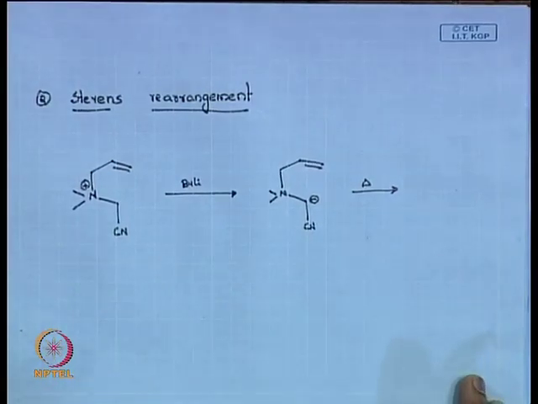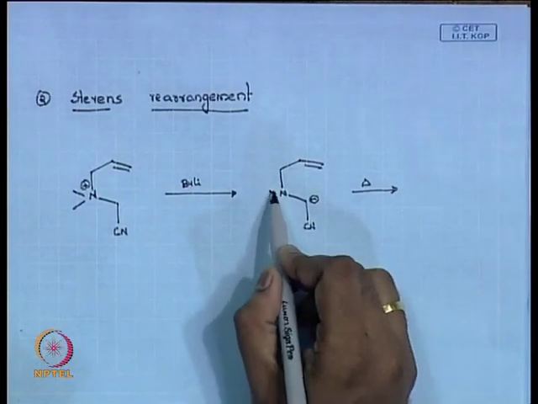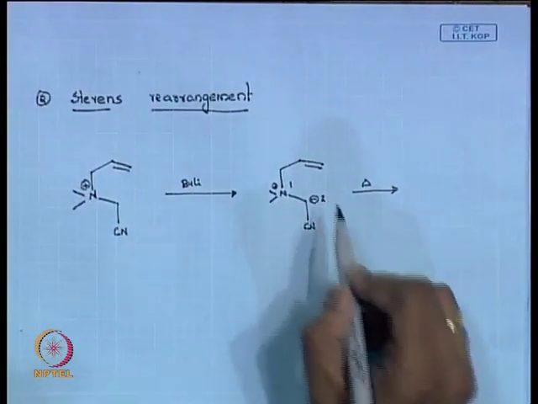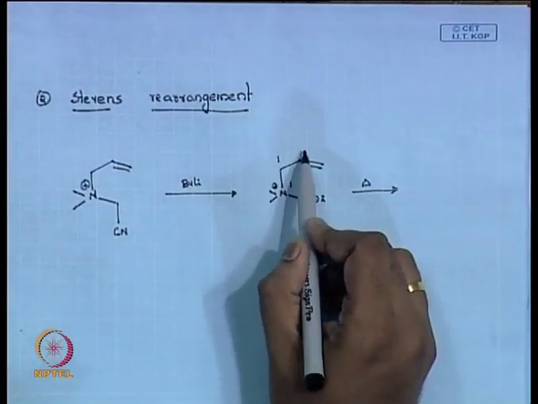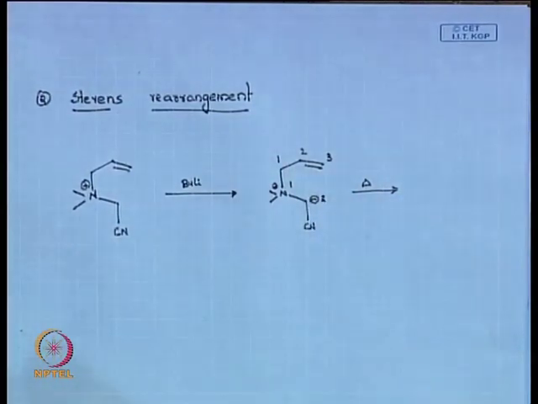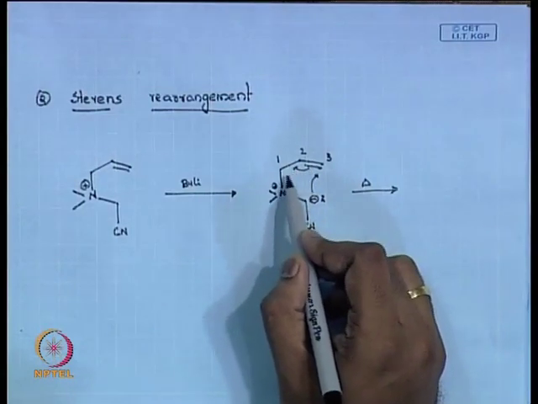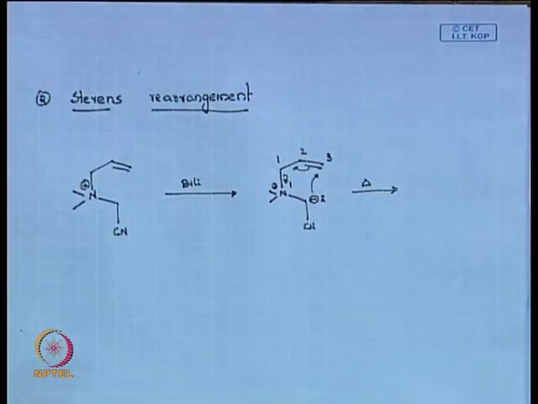So now you can easily number this, right? It is 1, 2, 1, 2, 3. So you have to form a new bond here, right?